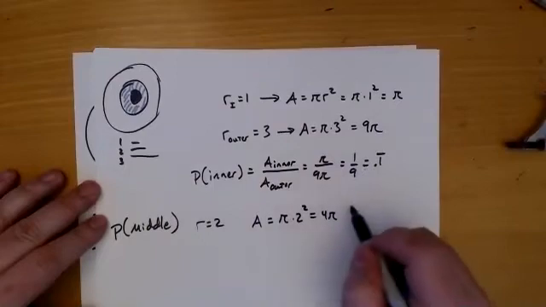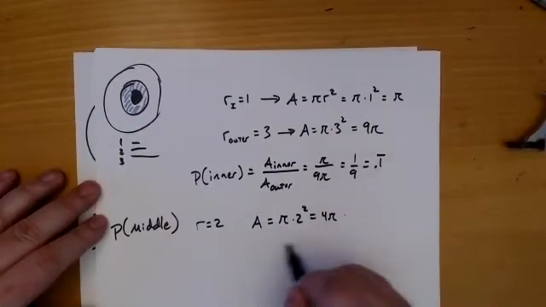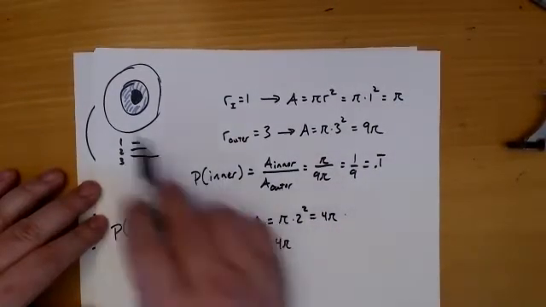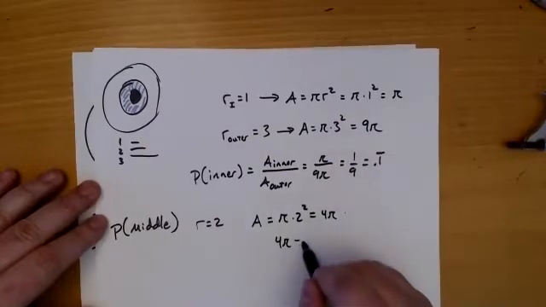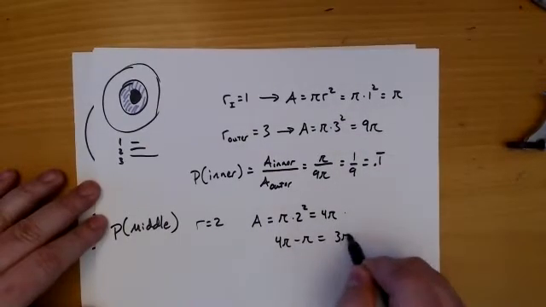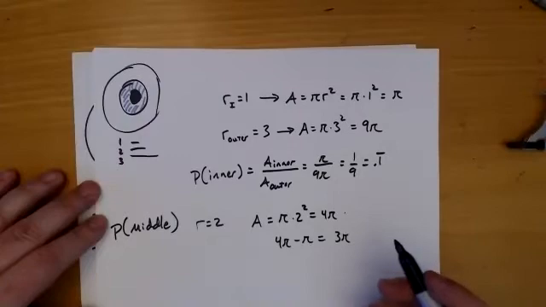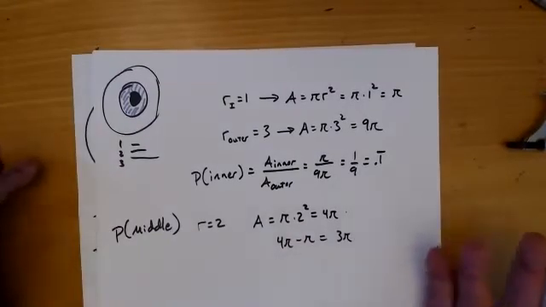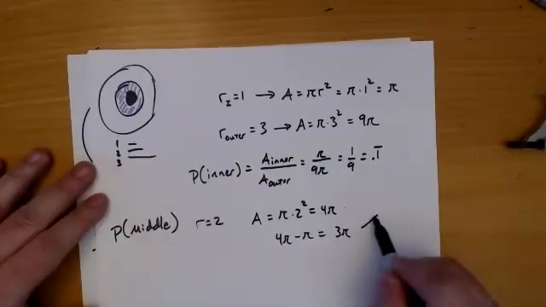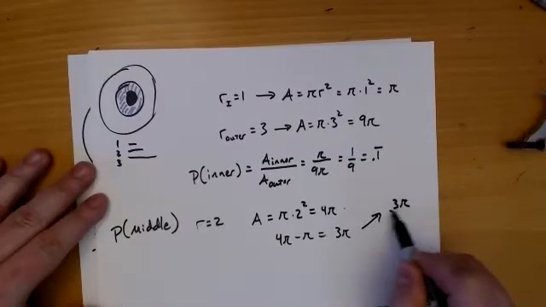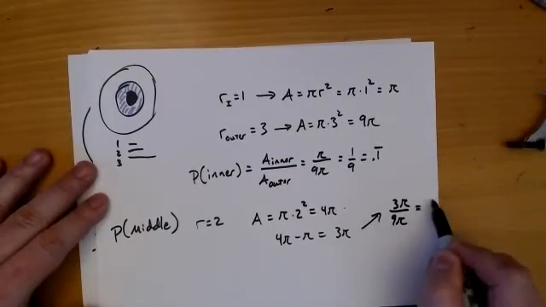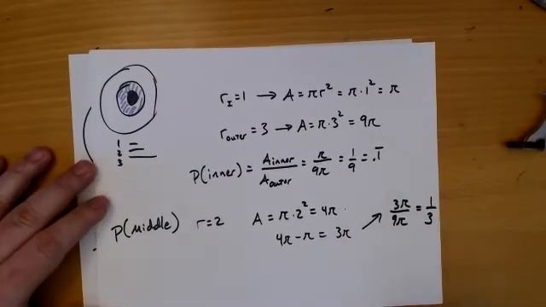So we're going to subtract the inner one, which is pi, and we're going to get 3 pi. Then we divide it by the total area, which is 9 pi. So that gives me 3 pi all over 9 pi, or just 1/3. Okay.